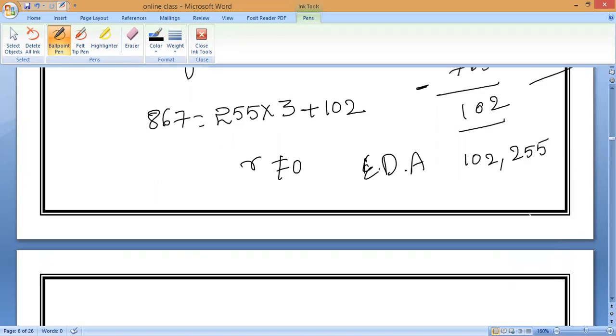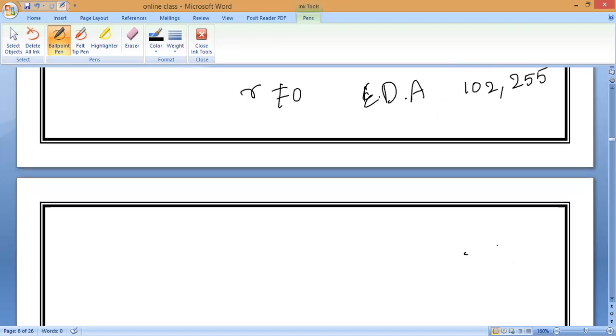255 divided by which number? 102. How many times? It is like 100, so 2 times, correct? 2 2s are 4, 0.